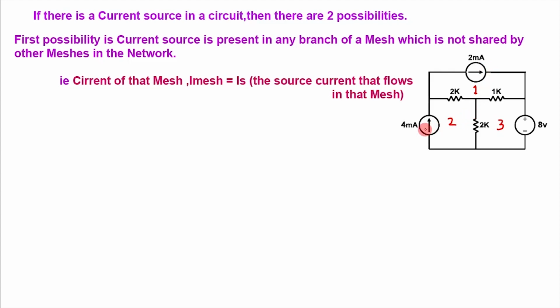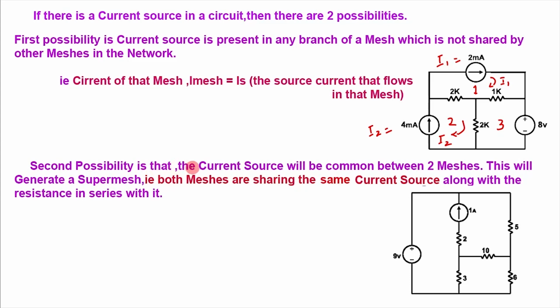Similarly, here is also a current source that is in mesh 2, but this is not shared by either mesh 1 or mesh 3. So the current in this mesh, if it is I1, then I1 is equal to this 2 milliampere. Similarly, here, if that current is I2, I2 is equal to 4 milliampere.